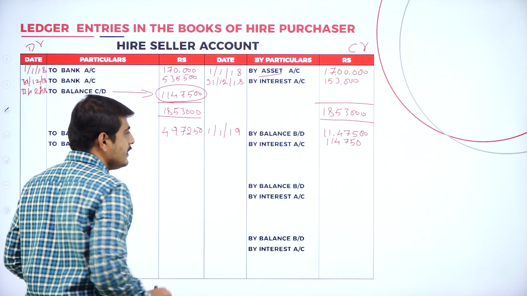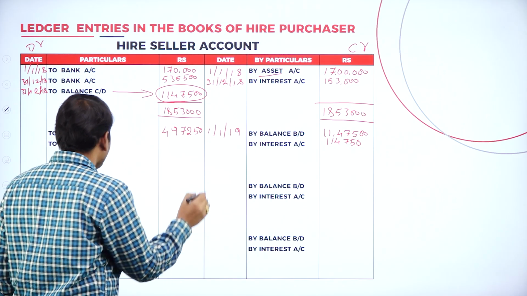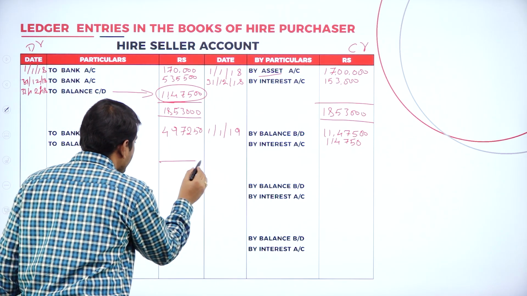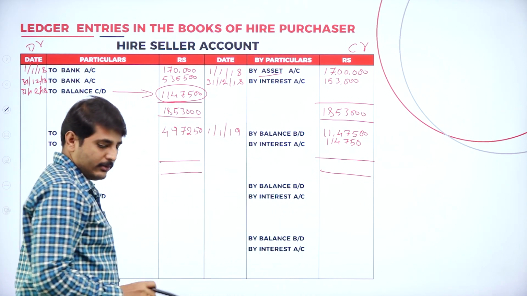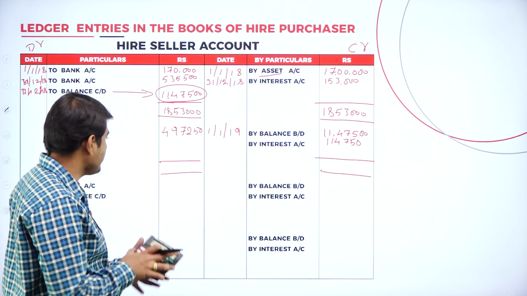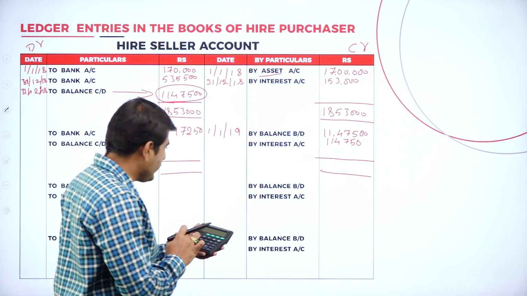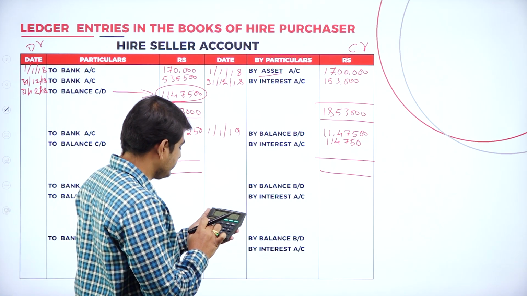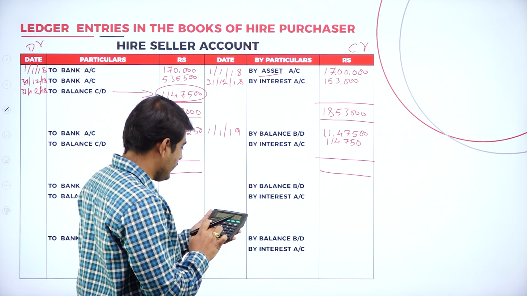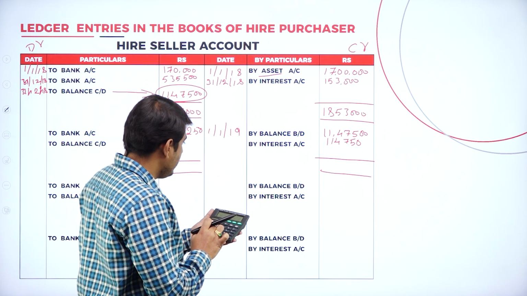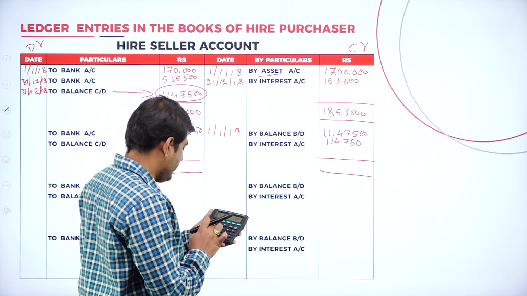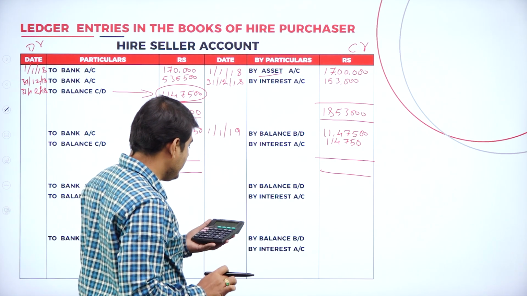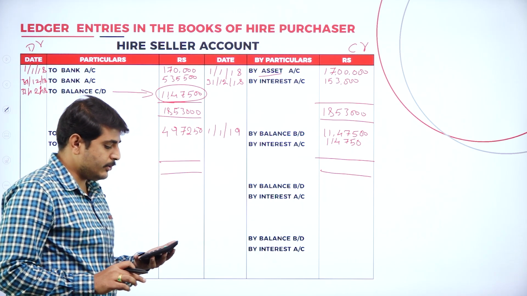4,97,250 is the installment. Again, we have to carry forward the next amount. We have to check the difference. Let's see. Again I am going to add both the sides, plus 1,14,750. So you'll get 12,62,250.